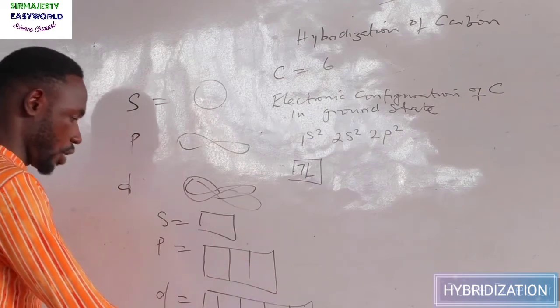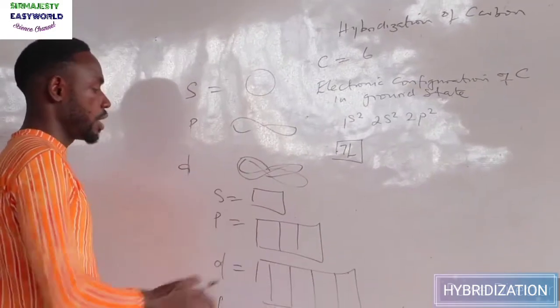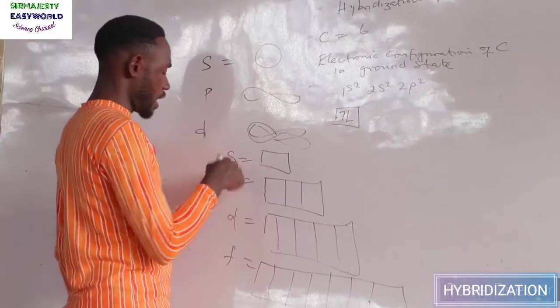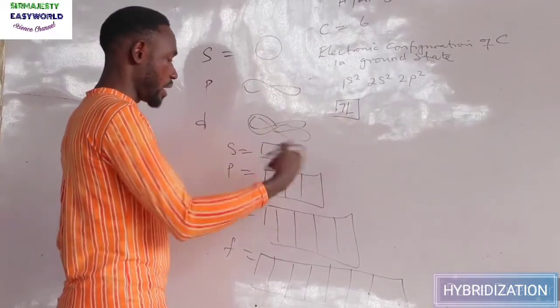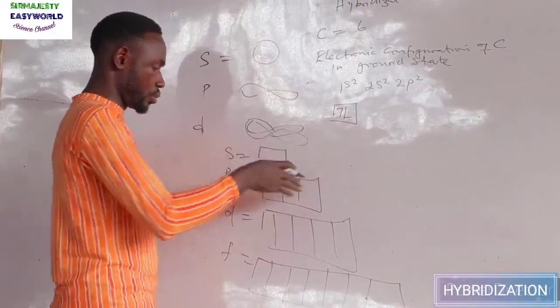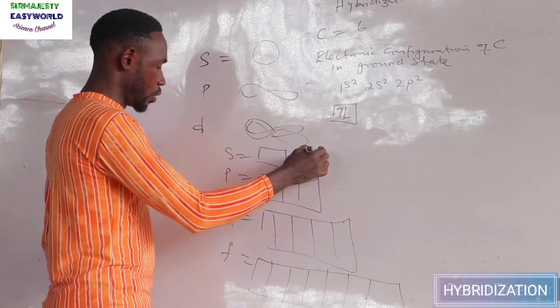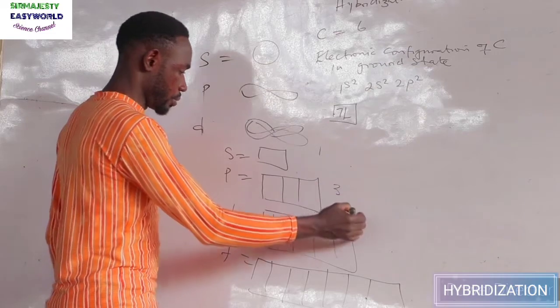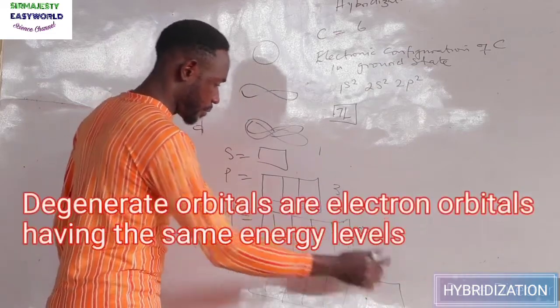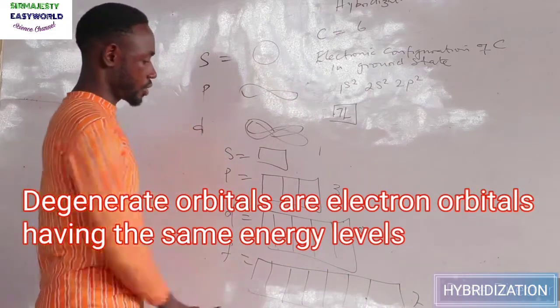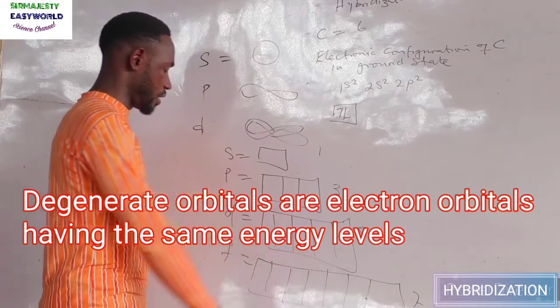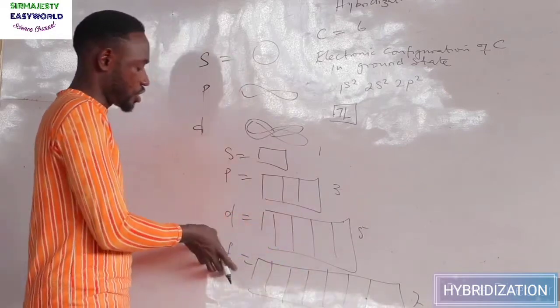That's the number of suborbitals in each subshell. If you want to use a shortcut, start with 1 and add 2 successively. So for s, p, d, f: 1 lobe, plus 2 is 3, 3 plus 2 is 5, and 5 plus 2 is 7. So these are the suborbitals or degenerate orbitals present in each subshell.